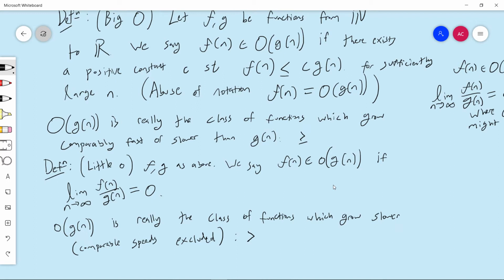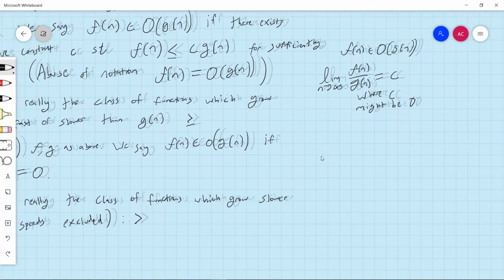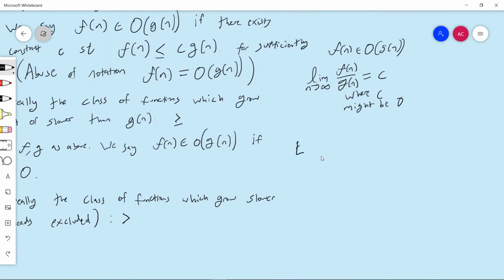So with this in mind, do we want to do examples? Let's do one quick example. Let's compare the square root of 3n plus 8. Let's show that that is O of the square root of n. And this is really the way that we're going to use big O notation.